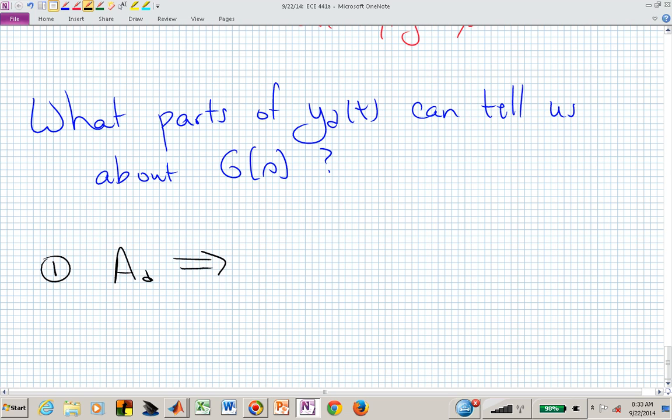You now have a DC gain of 1/2. And that's going to be related to your alpha, isn't it? It's not going to equal alpha if you've pushed it more than just 1. But A sub D is going to be related to the DC gain of G of S.